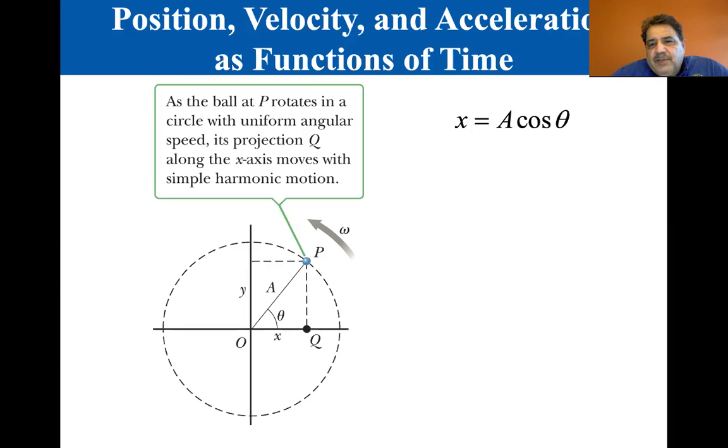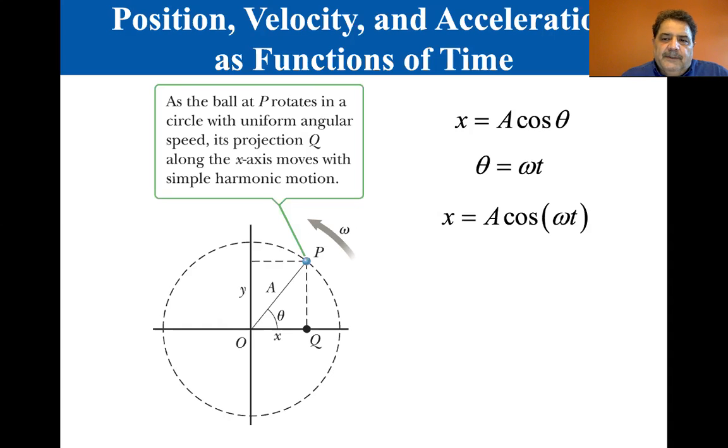So cosine of theta is equal to x divided by a. So x equals a cosine theta. So the theta equals omega t, where omega is the angular frequency, omega being 2 pi times f, the frequency. There's a difference between angular frequency and frequency. Okay, so x equals a cosine omega t.